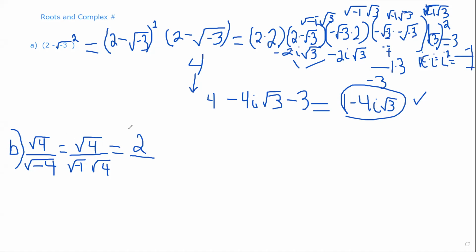And then we also can identify that again, the square root of 4 is 2, and the square root of negative 1 will become i. So what I can do now is cancel like terms. I will cancel out the 2's. So that leaves me with 1 over i.